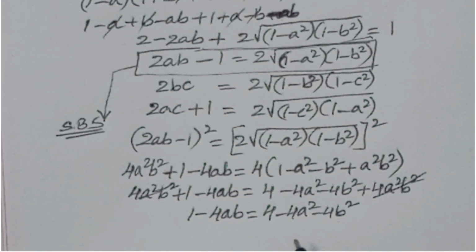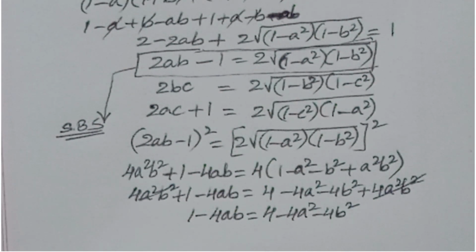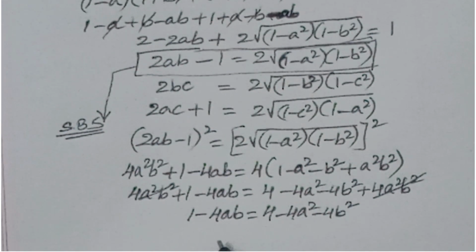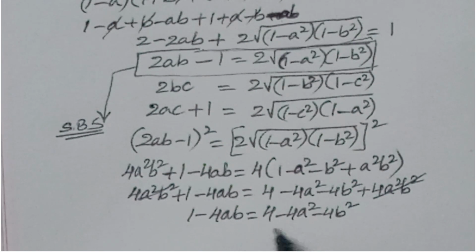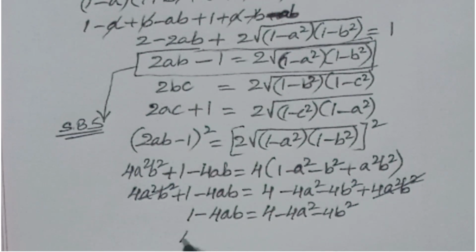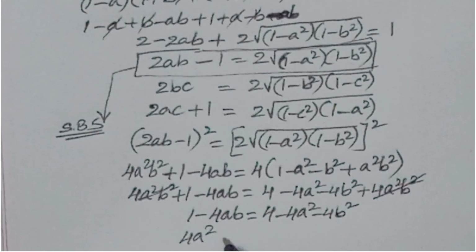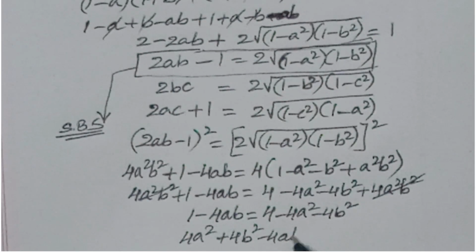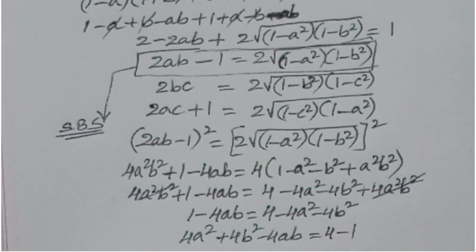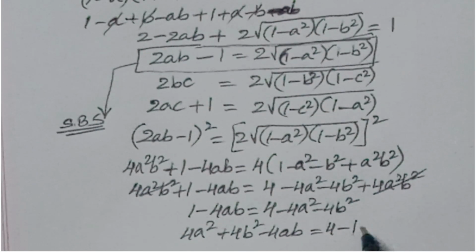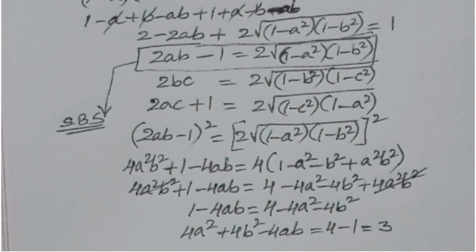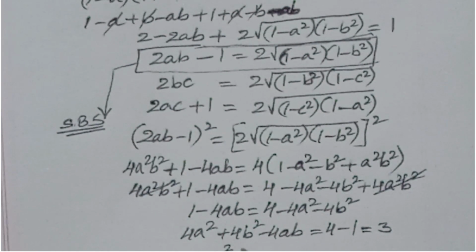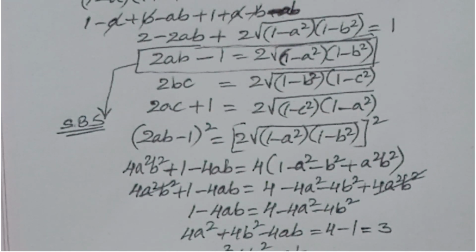Here you can take common 4. All the variables we will take one side. 4a square plus 4b square minus 4ab is equal to 4 minus 1, that is equal to 3. If you take 4 common here, a square plus b square minus ab is equal to 3 by 4.